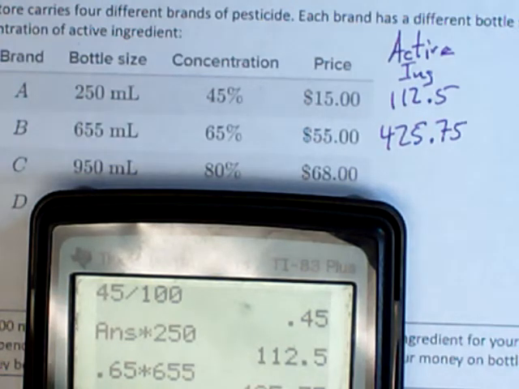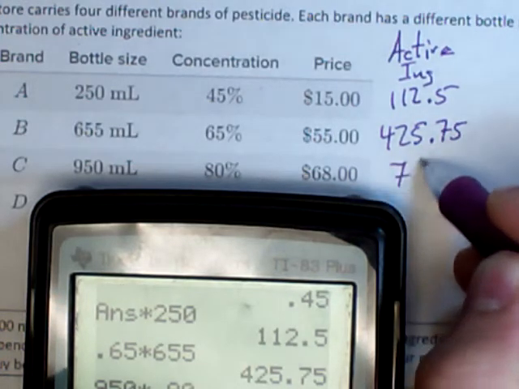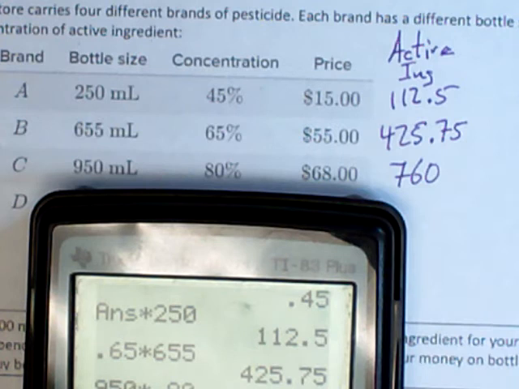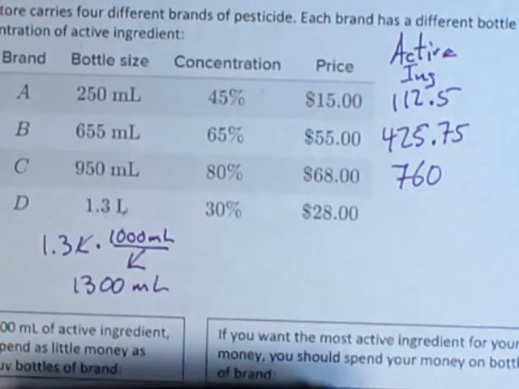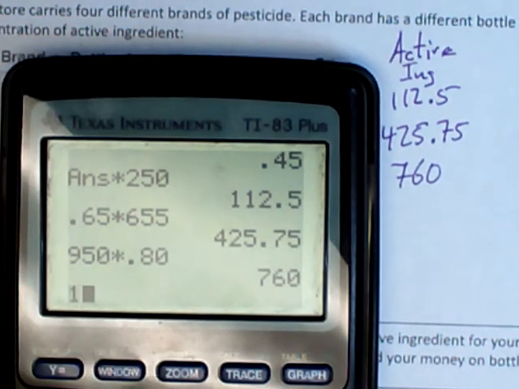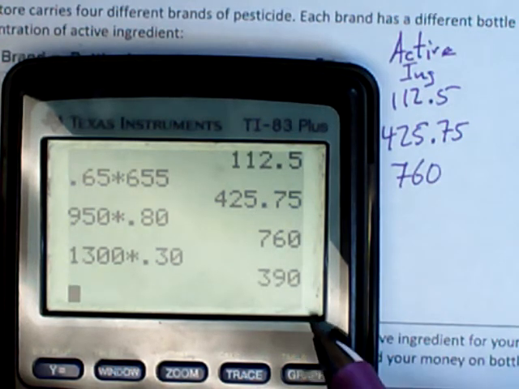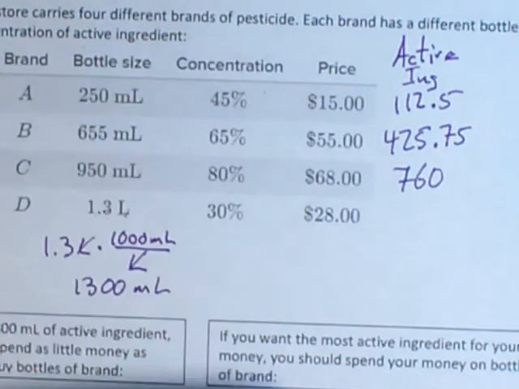I'm going to do 950 times 0.80, that's 80% as a decimal, and I get 760 milliliters. And then this last one is 1,300 milliliters times 30% as a decimal, which gives me 390 milliliters of active ingredient there.